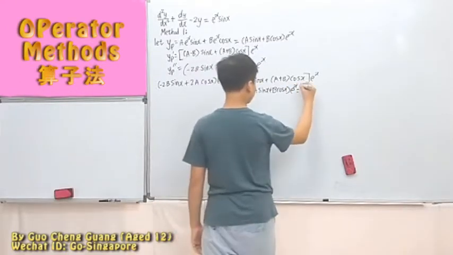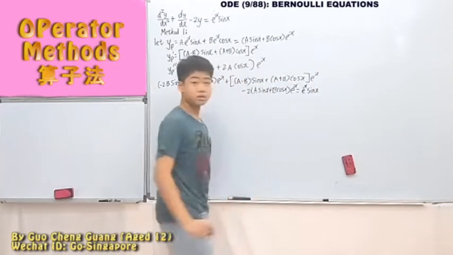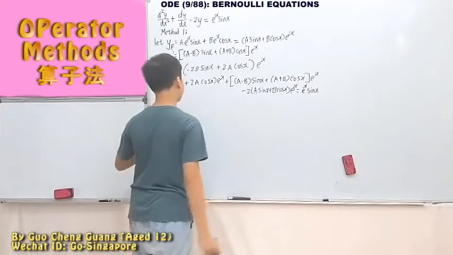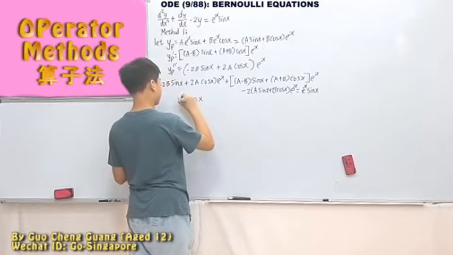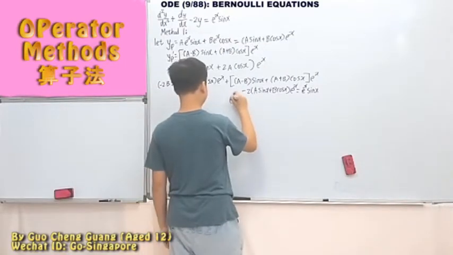And this is equal to e to the power of x sine x. Okay, so we can find all of the sines, I'll put them together first. And of course, this is e to the power of x. That is all the cosines.